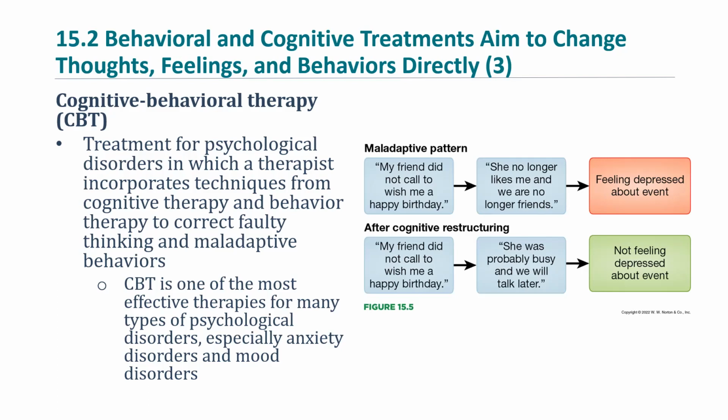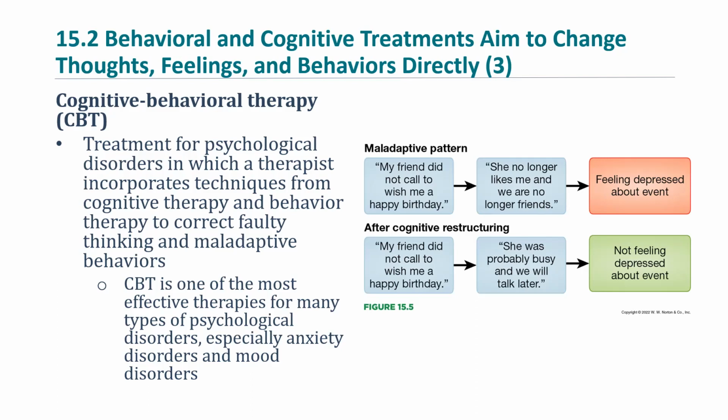Going beyond just changing the thinking, they would have the person change their behavior. So what would a lot of us do if we had that maladaptive pattern? Oh, she no longer likes me, so we're no longer friends, and they start to feel depressed. They would probably avoid the friend. I'm not gonna call her. I'll wait till she finally contacts me, and see if she still wants to be friends.